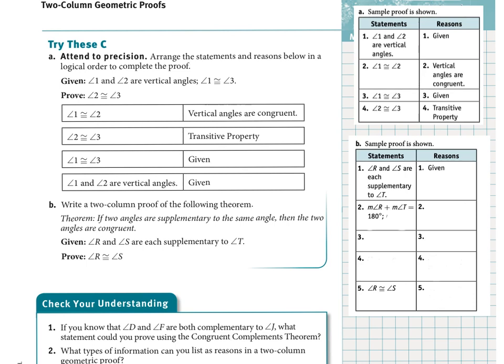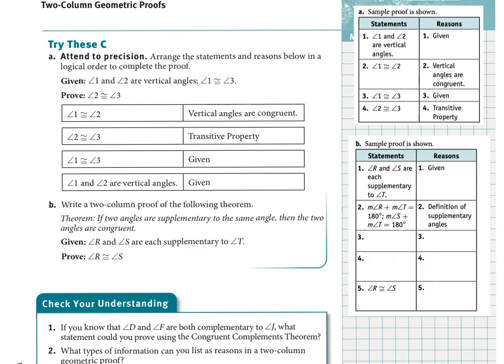Think about what other angle, when added to T, will give you 180. That'll also be angle S. So we actually have two pieces of information that we could put here. The measure of angle R plus the measure of angle T is equal to 180. The measure of angle S plus the measure of angle T is equal to 180. And that goes to definition of supplementary angles.